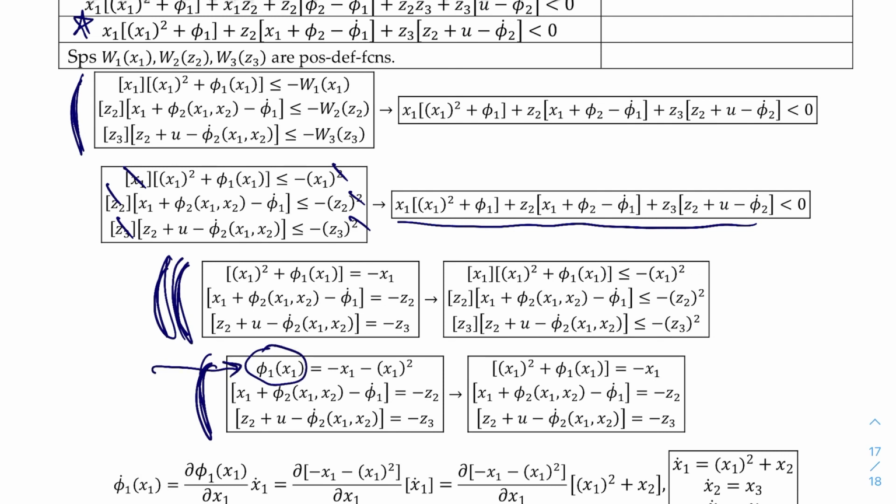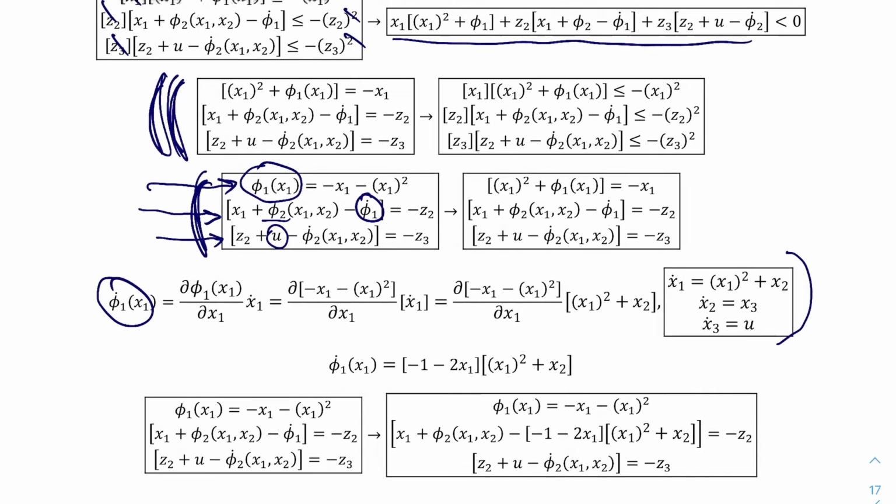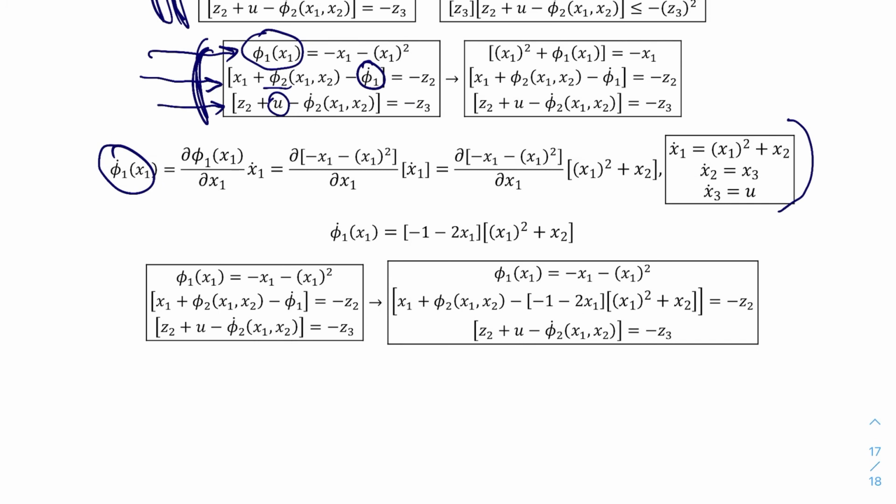Isolate phi1 in the first line, and after finding phi1, find phi2, and then finally find u. Again, phi1 dot will be here. You will use phi1 dot in constructing phi2. And this is your original dynamics.